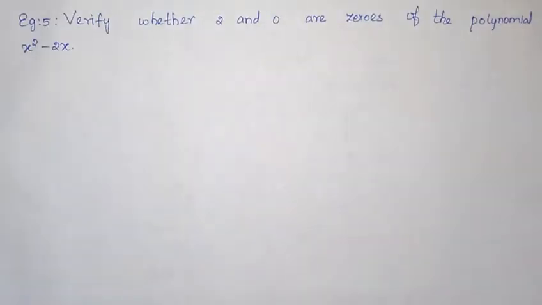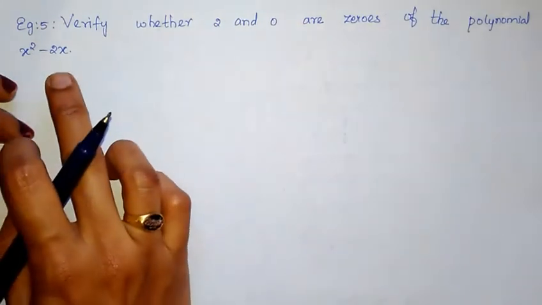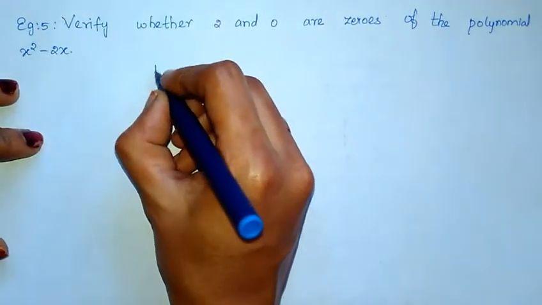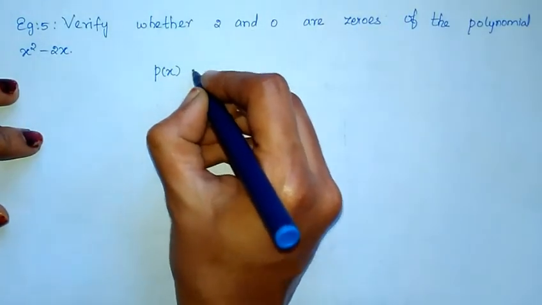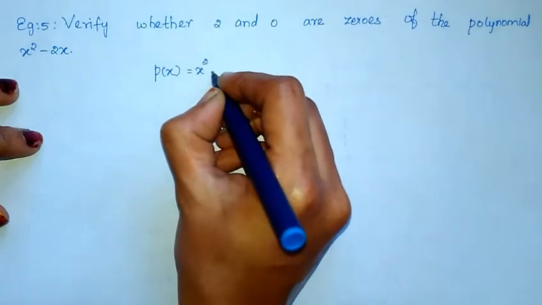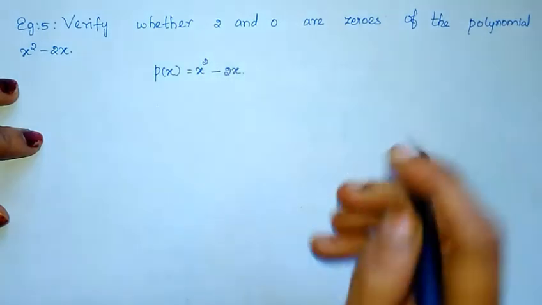Example 5. Verify whether 2 and 0 are zeros of the polynomial x square minus 2x. I am taking here this polynomial as p of x. p of x equal to x square minus 2x.